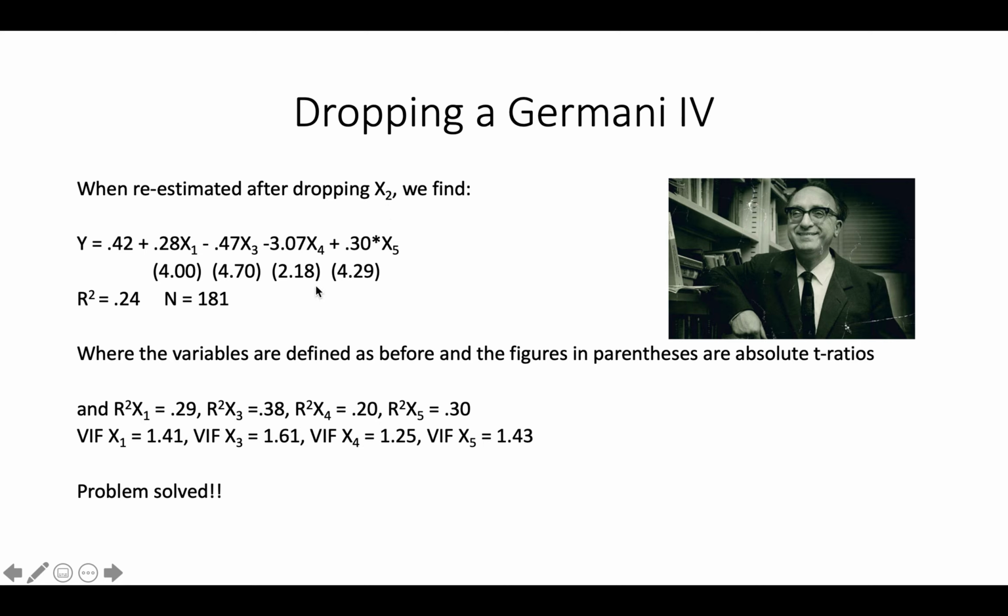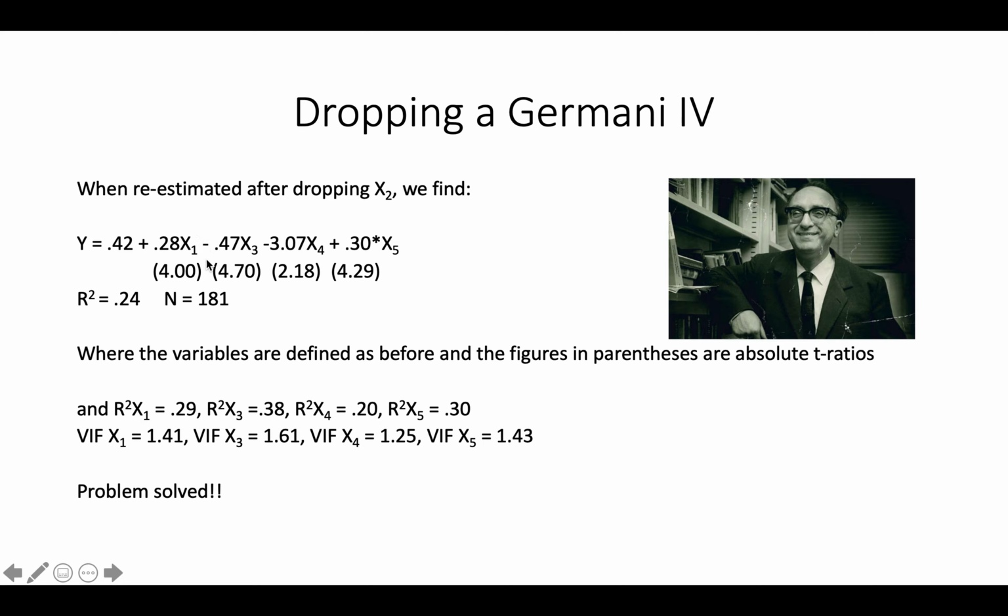They all meet the rule of 2. So instead of a bunch of statistically insignificant variables, except for the internal migrants, we find that x sub 1, x sub 3, and x sub 4 are statistically significant and signed in the correct direction.